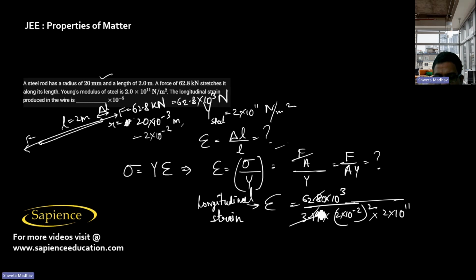So 314 into 2 is 628. So 2 tens are 20. So this is 10 power 4 divided by 4 into 10 power minus 4 into 10 power 11. So this will be 1 by 4 means 0.25. Therefore, the longitudinal strain is 1 by 4 into 10 power 4 plus 4 minus 11.